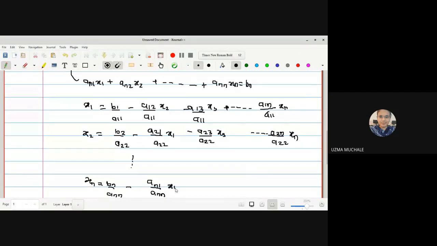The coefficient of this will be what? x1. In the very similar way, the next term is an2 x2 divided by ann and so on. The last one will be an,n-1 divided by ann.